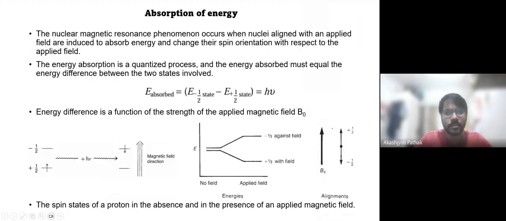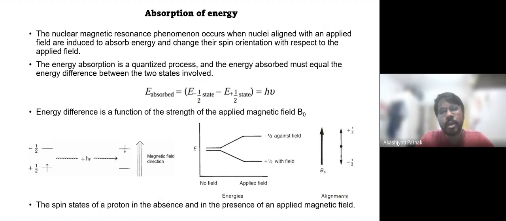So, coming to the concept of energy, till now what all did we learn? We learned that the nuclei has a spin, which is a very abstract term, and we require a certain quantum mechanical model to understand what is meant by a nuclear spin. But in a physical sense, every NMR active nuclei has a nuclear spin, and because of this nuclear spin, it has its own spin angular momentum.